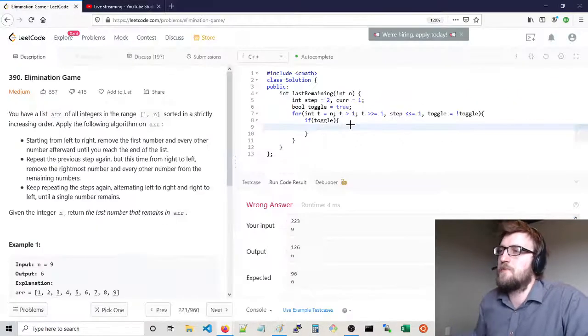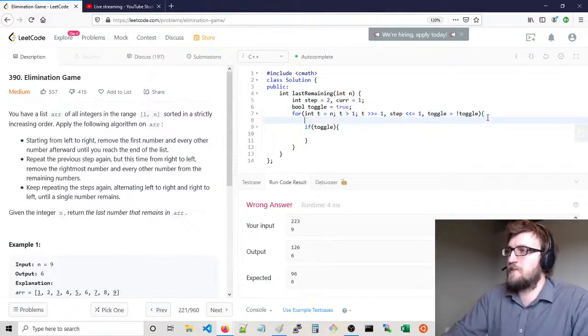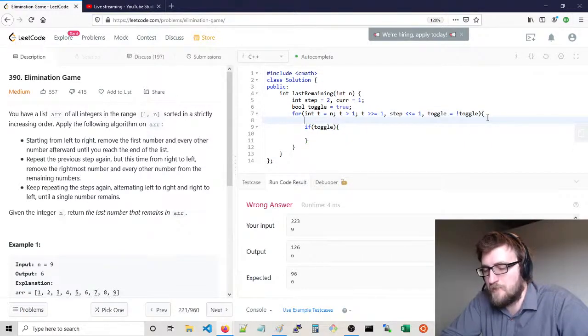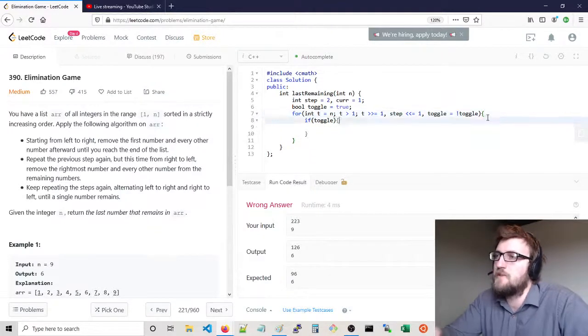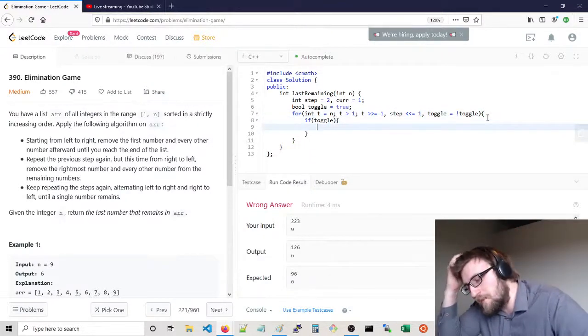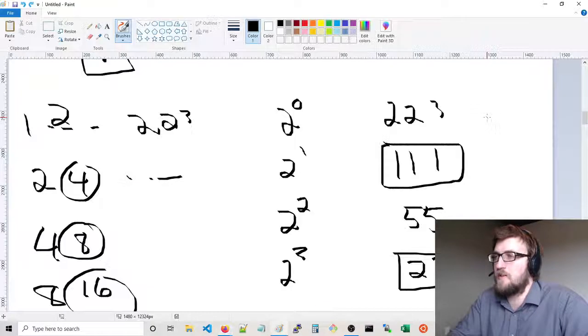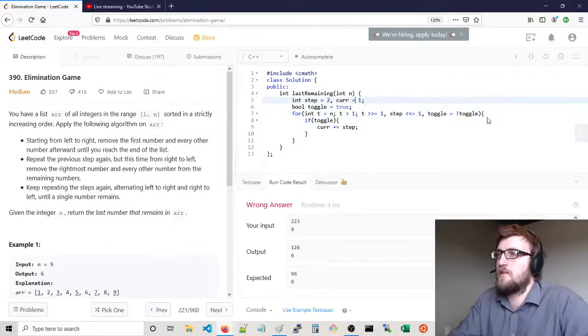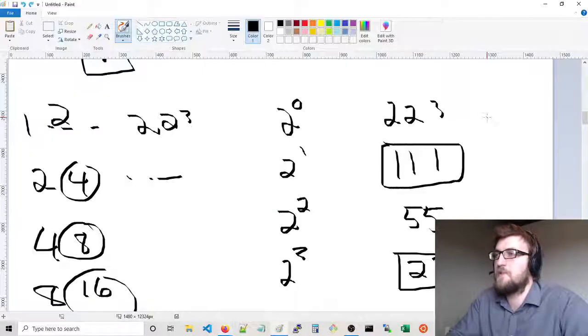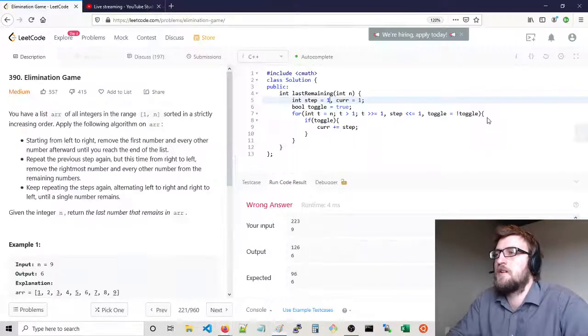So we have two elements, and we can even put them into an array. Well, we don't really need to do that. We could generate the second one as needed, right? So if toggle, then we're always going to do current plus equals step, right? And initially, actually, step should be 1. So initially step is 1, current is 1, toggle is true, plus equals the step.